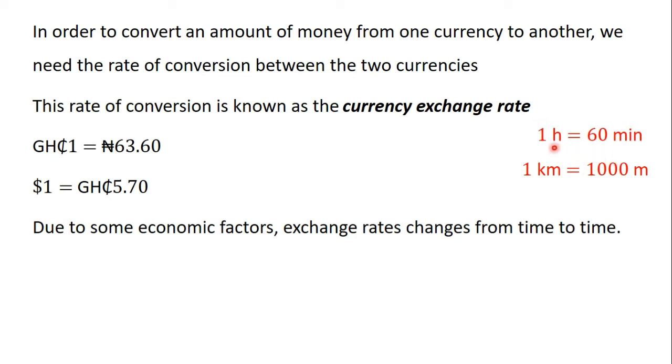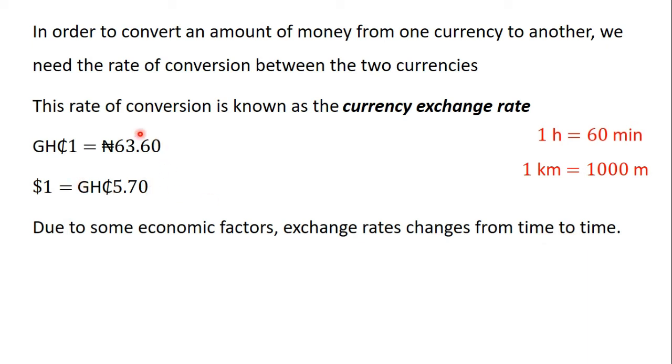So for example, 1 hour is always 60 minutes. 1 kilometer is always 1000 meters. These rates of conversion do not change. They always remain the same. Currency exchange rates are not like that. Due to some economic factors, they keep on changing from time to time.